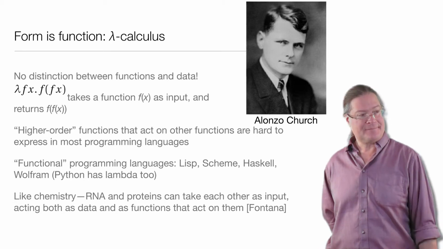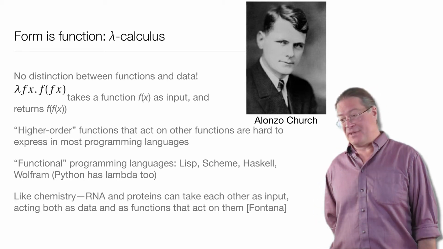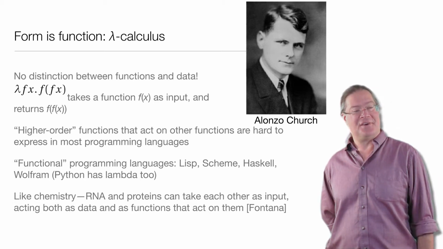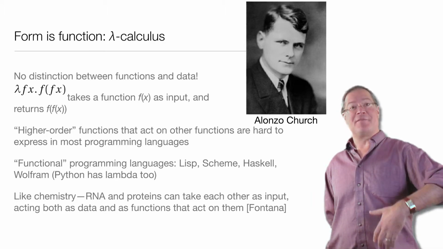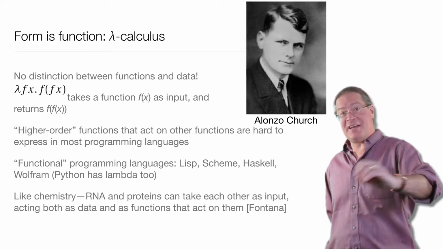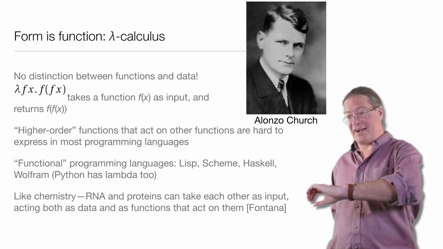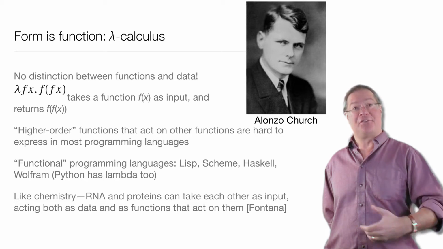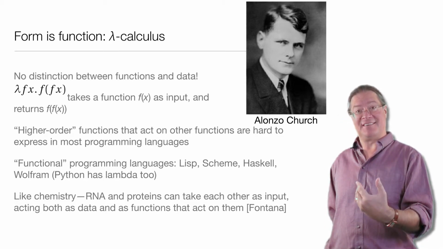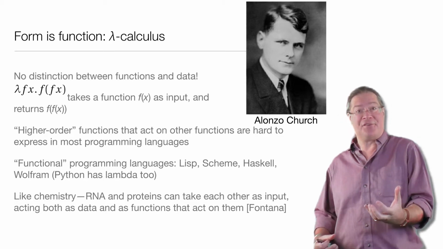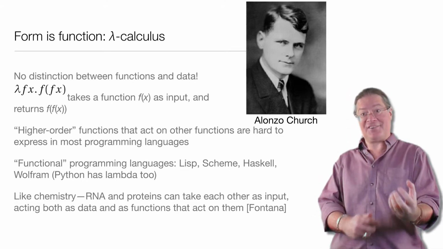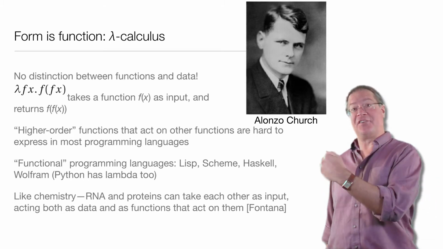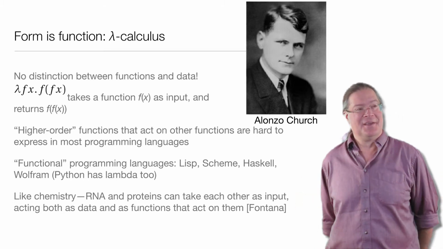And some people believe that in the early days of the evolution of life, we had this world where everything was just RNA, and RNA was acting both to store information like data, but RNA can also fold up the same way proteins can, and form what we call ribozymes, strings of RNA that can act on other strings of RNA, so that the same stuff, the RNA, was acting both as the data and as the program.